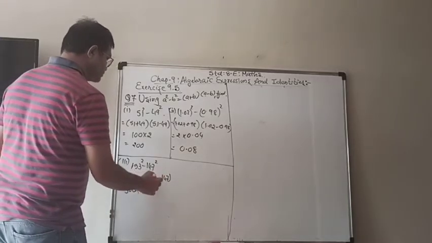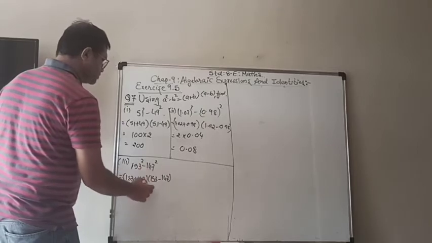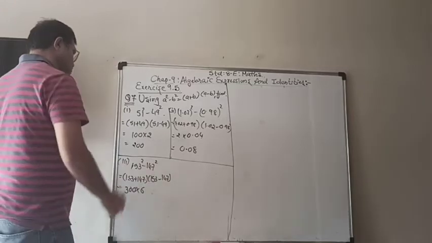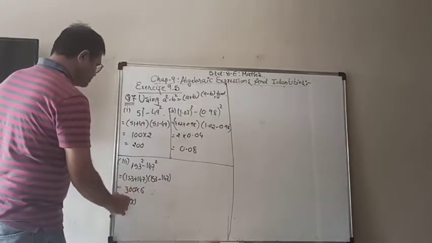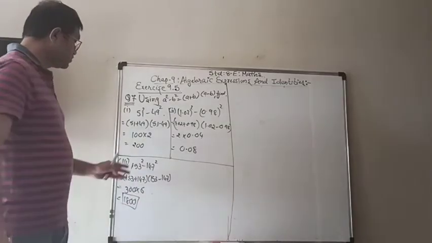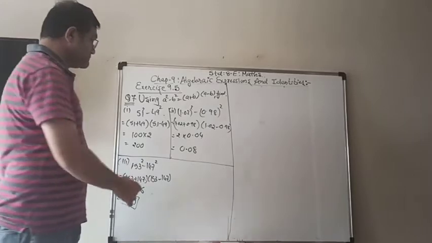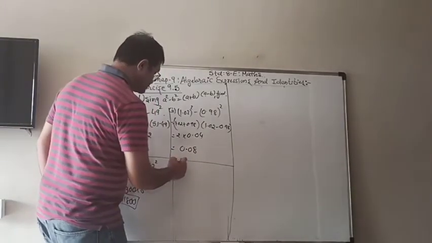Multiply by 6. So now 6 3s are 18. So 1800. But here if you do square of both and then you subtract, it will take a long time.